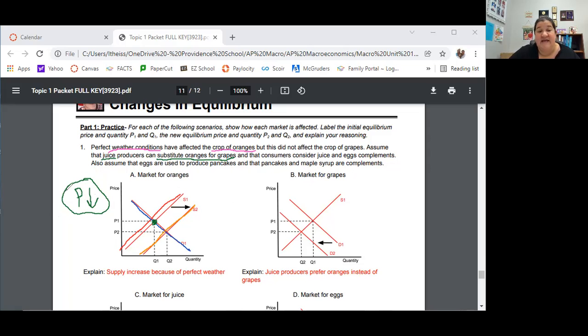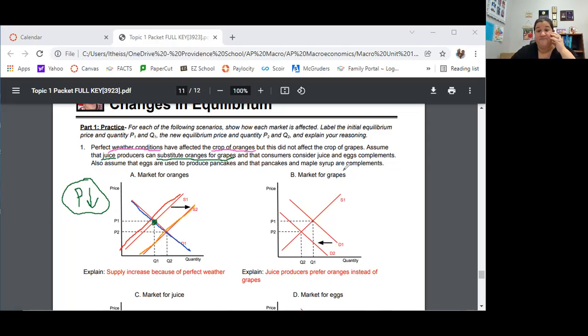The price in a substitute good, if the price drops in a substitute, the demand for that other good is going to decrease. Well, I'm not going to buy grapes. I can get oranges for cheaper. Why would I spend money for more expensive grapes? The price for oranges dropped. So the demand for that substitute good of grapes drops.